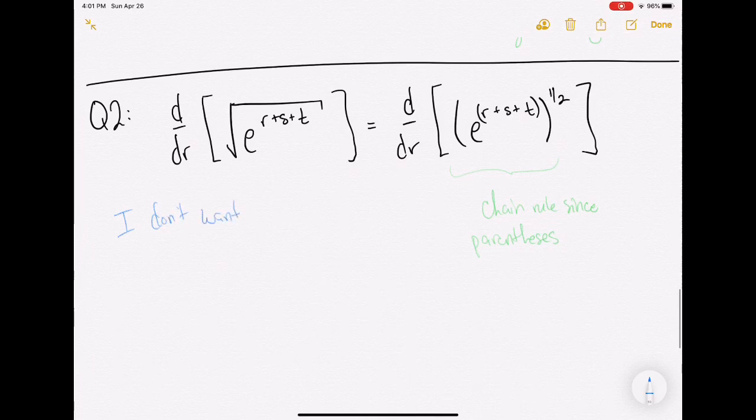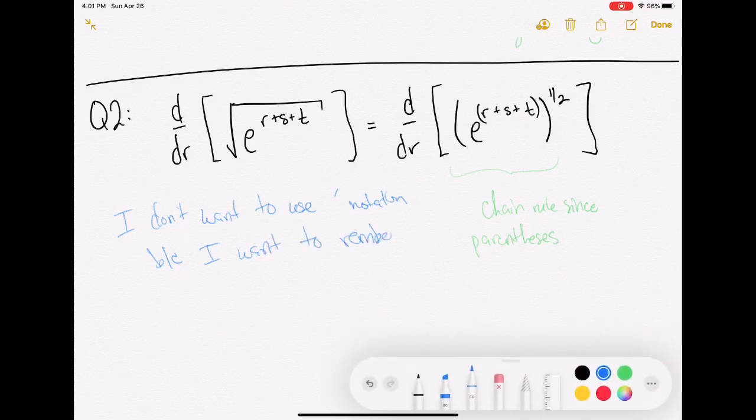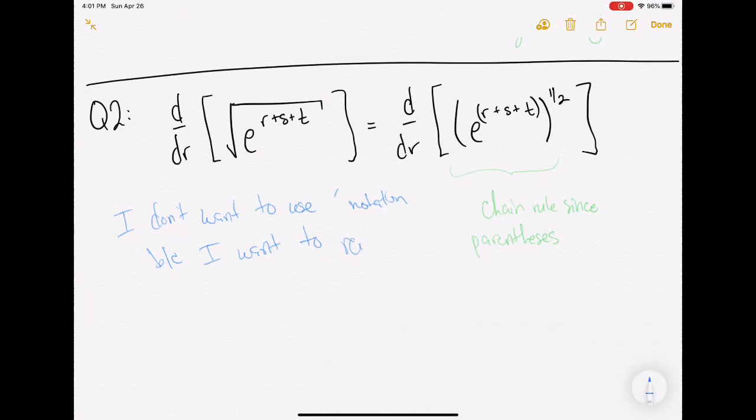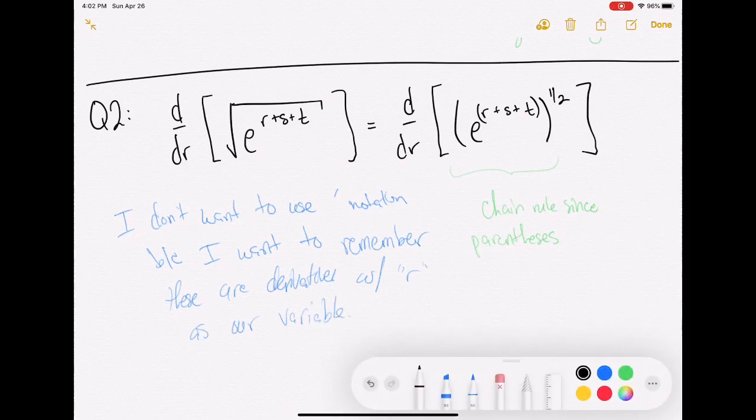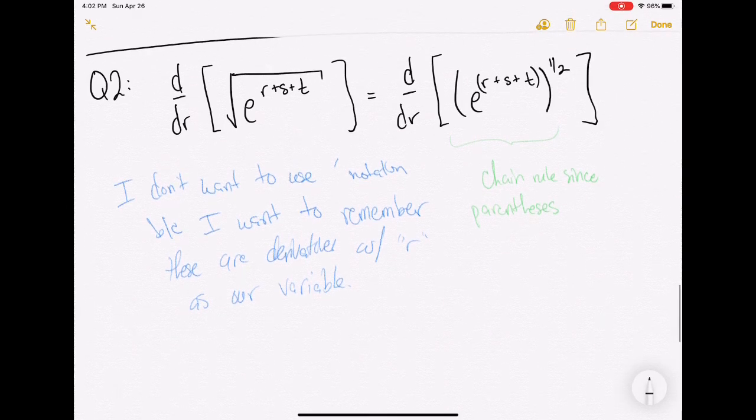So I don't want to use prime notation because I want to remember these are derivatives with r as our variable. That's a special thing here. So that's why I don't want to use prime notation. I'm going to keep it as d/dr.